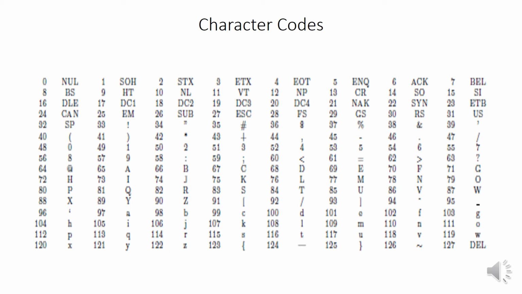From 65, there is the uppercase character A up to 90. Then 91, 92, 93, 94, 95, 96 are the special symbols.